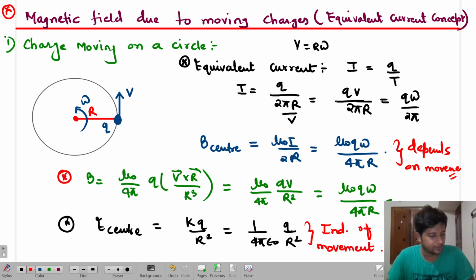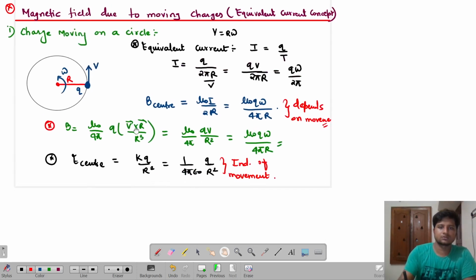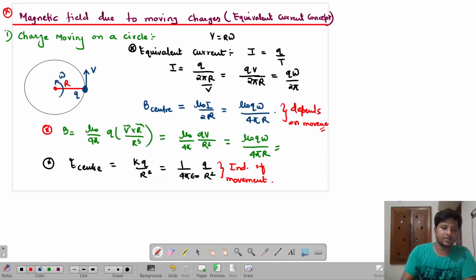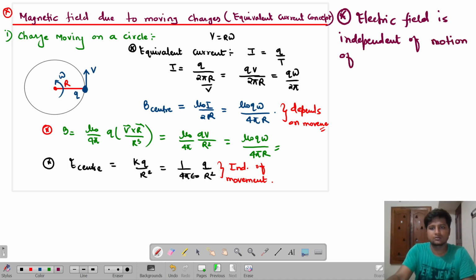Are you able to get me? So you can write it this way. Basically, electric field is independent of motion of charges, right or not?